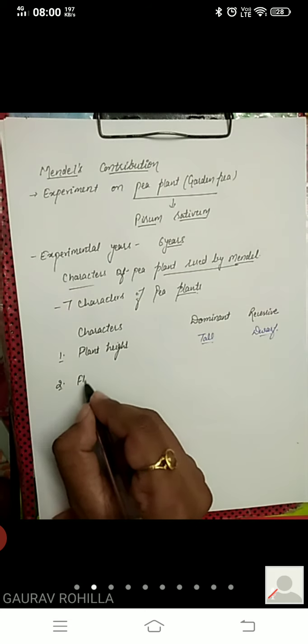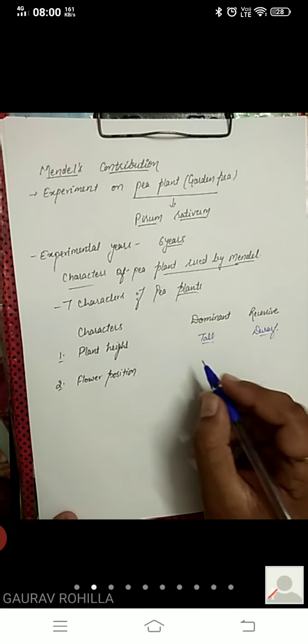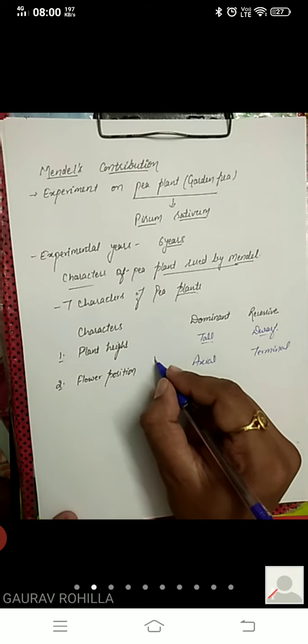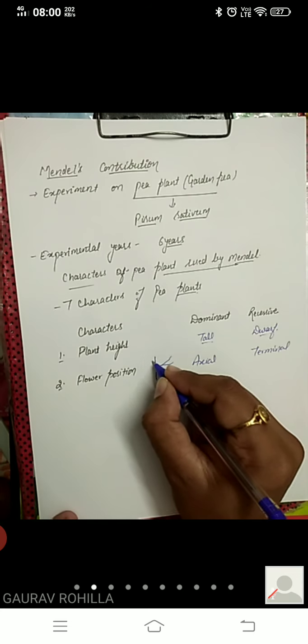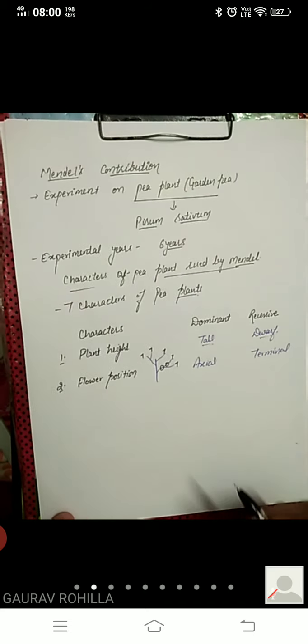Plant can be tall and can also be short. Second, flower position, where the flowers will be: axial or terminal. If a plant is like that, these positions are the axial positions, and the position where I mentioned T is called terminal position, towards the ends.